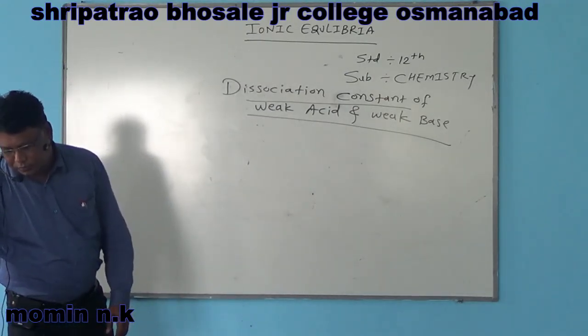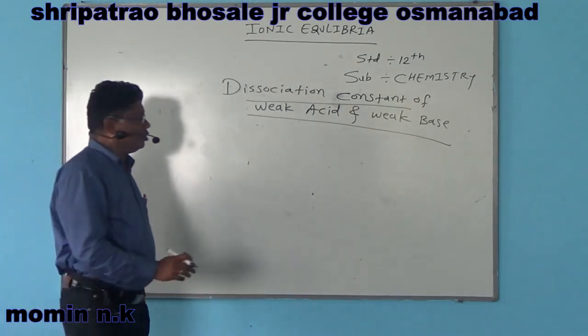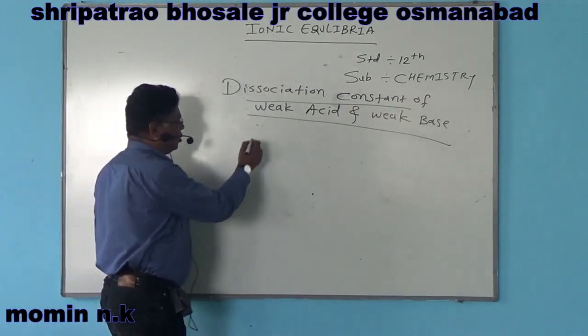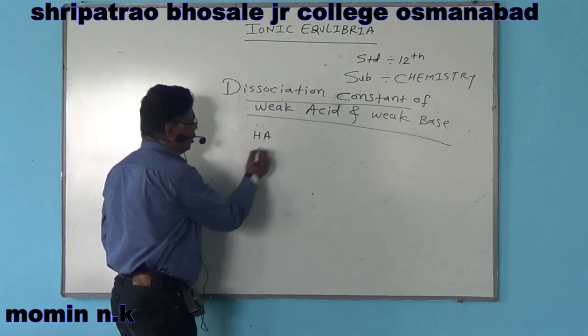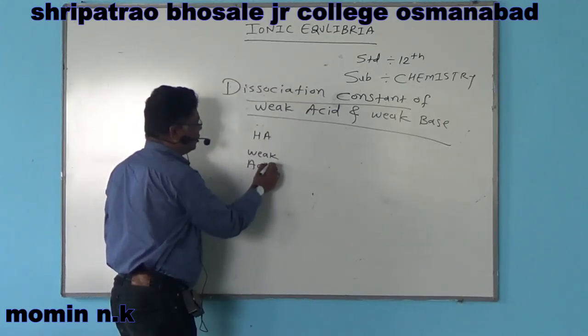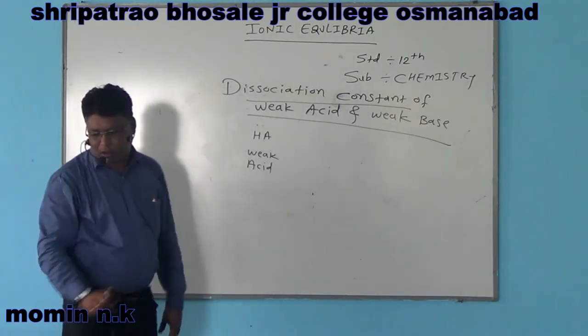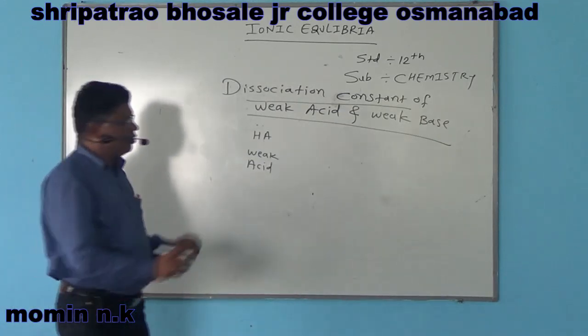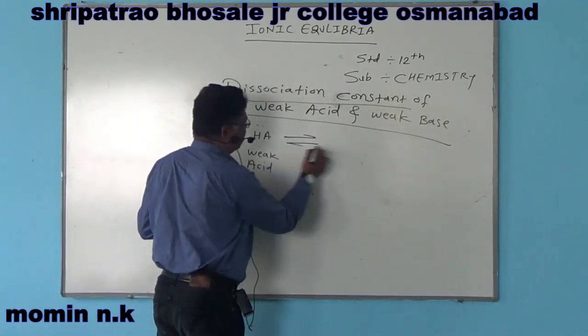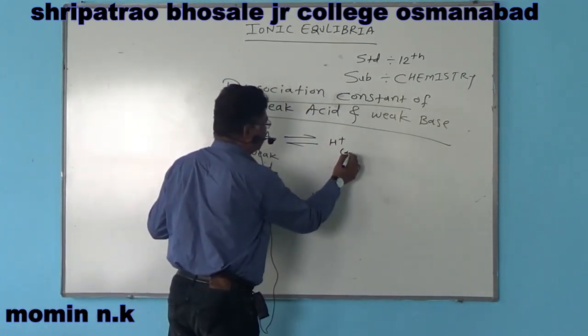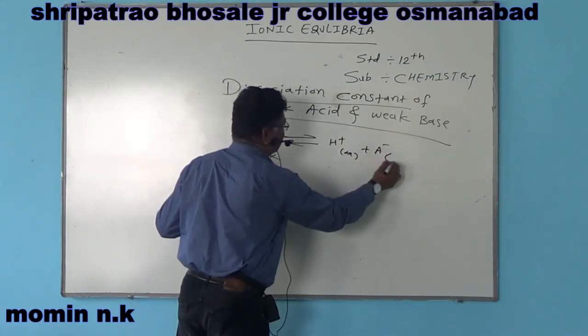You know the dissociation of a weak acid in water. For example, HA, consider it is a weak acid. Dissociation of this weak acid in water is given by the equation HA aqueous gives H plus aqueous plus A minus aqueous.